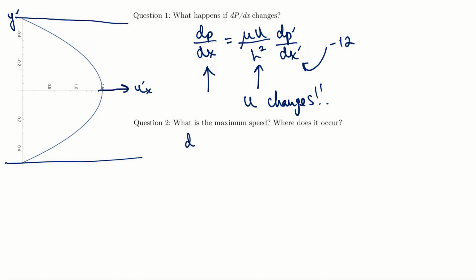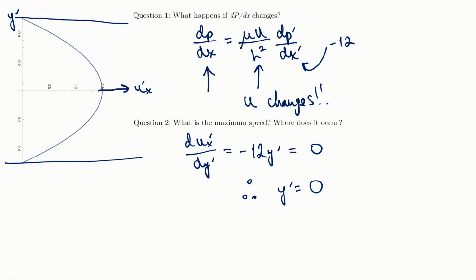So if I want to know the maximum point, I take a derivative from my expression above and solve that. So it's -12 y prime. Then we say our maximum point is when that's equal to 0. Therefore, that is equal to 0 when y prime is equal to 0, which we see from the plot.